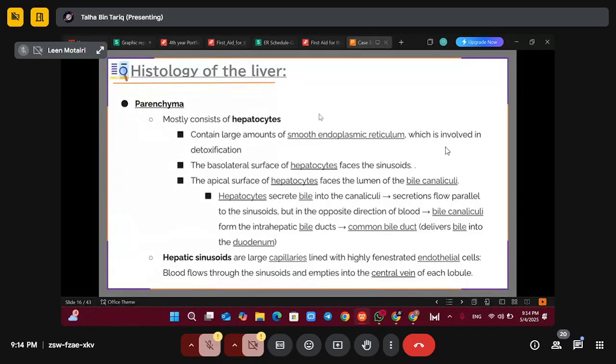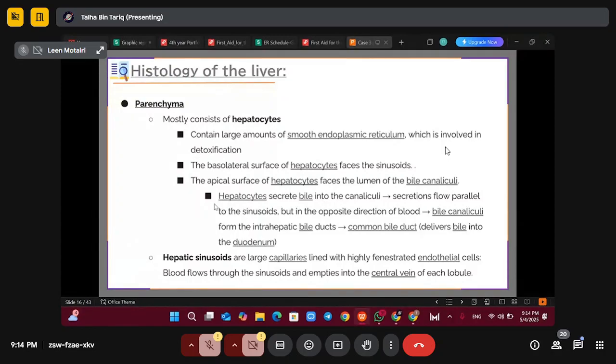And the apical surface of the hepatocytes is facing the lumen of the bile canaliculi. So the apical surface is towards the bile canaliculi. The basolateral surface is facing the sinusoids, right? So you can remember it by ABC: A, B is the apical surface towards the bile canaliculi.